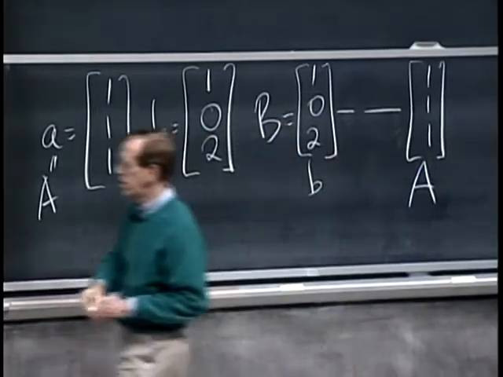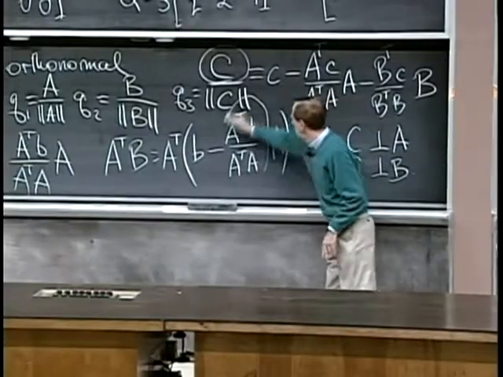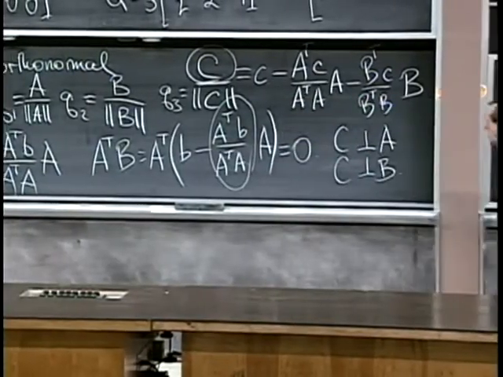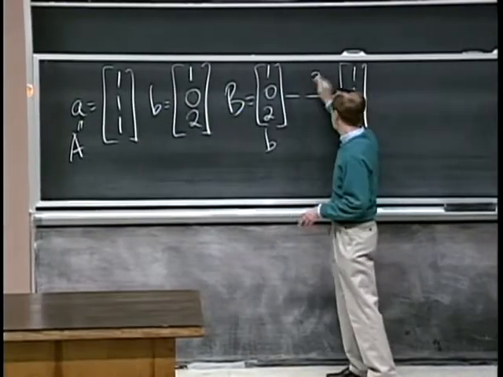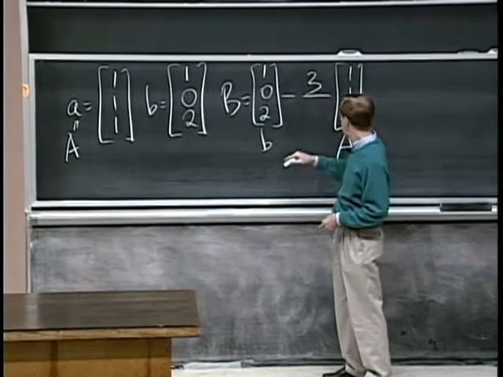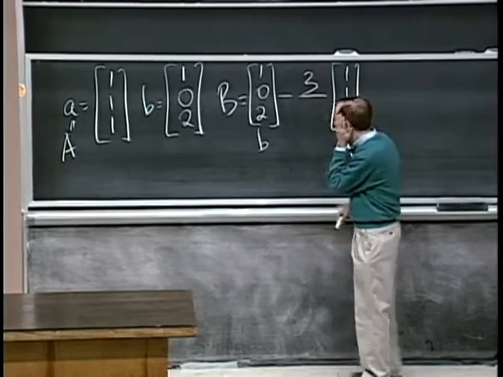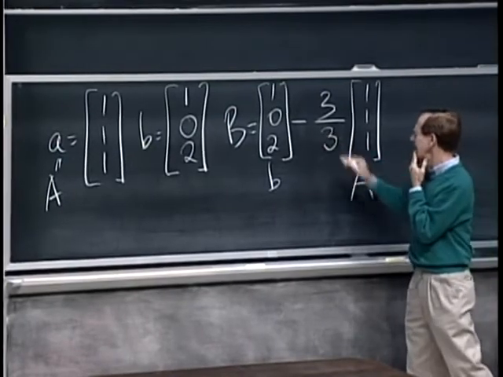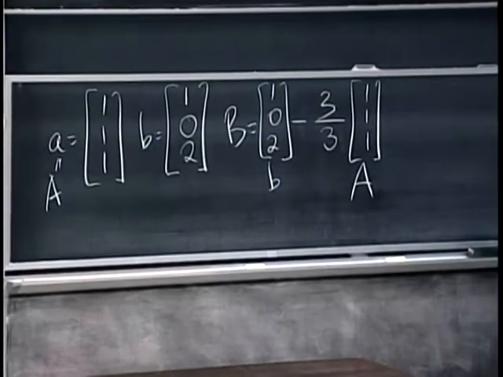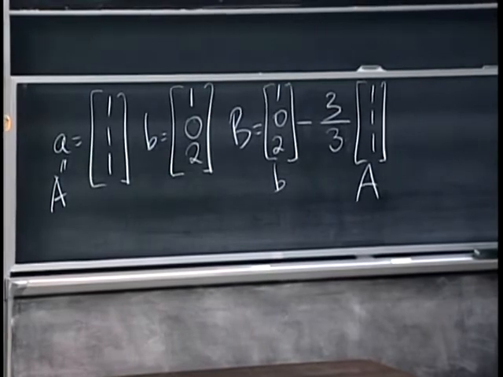Here's my ratio. So it's A transpose B. What is A transpose B? It looks like 3. And what's A transpose A? 3. I'm sorry, I didn't know that was going to happen.